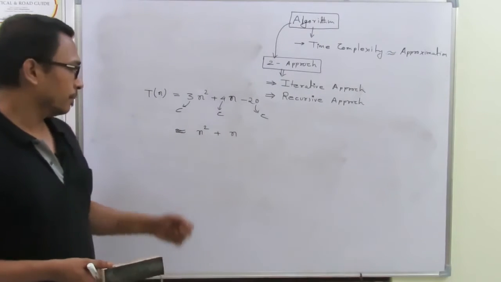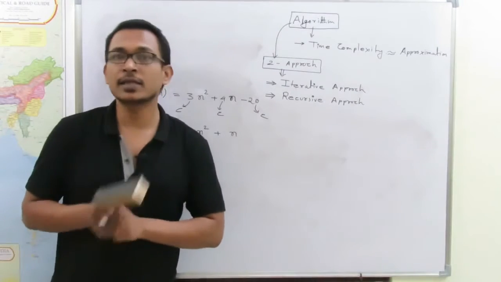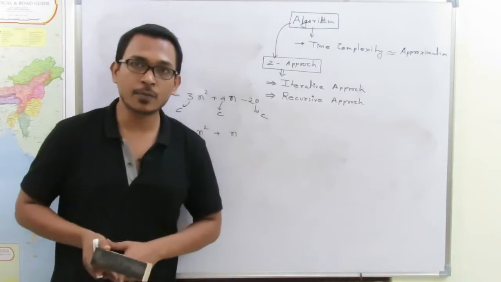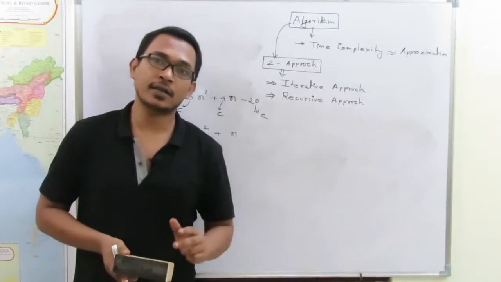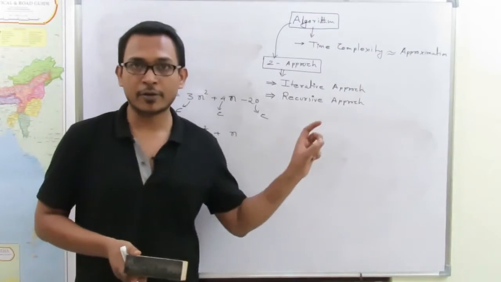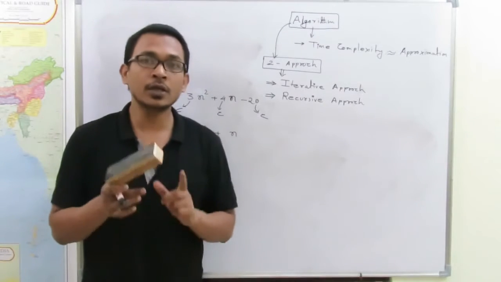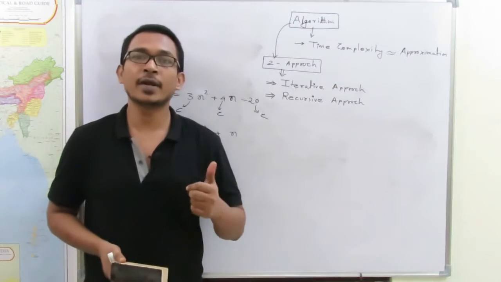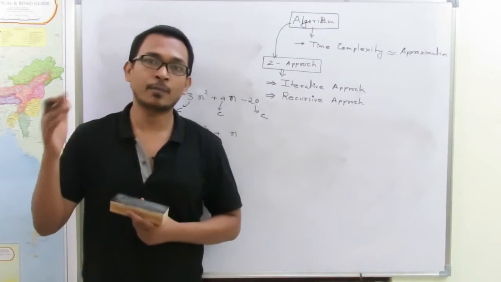Clear? So whatever terms are there for the number of input, that doesn't matter. We will consider only the dominating term present in a particular equation. We consider only the dominating term. Clear? That means the term with the highest power.